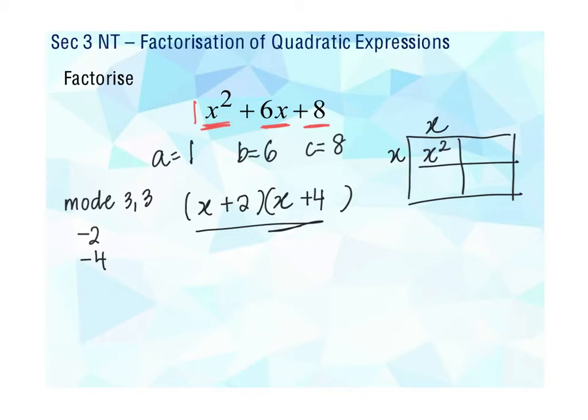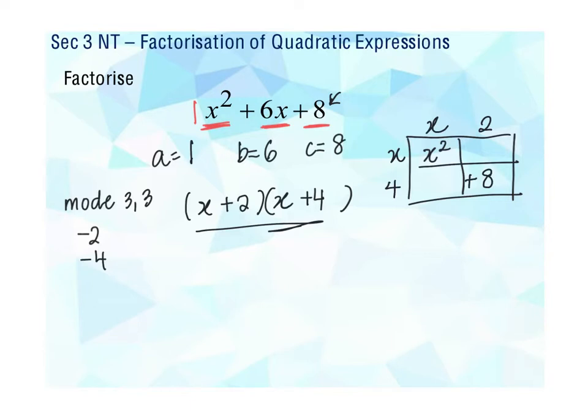And next, we'll need to look at the last term. This is c. Over at this corner, we need to have the number. What number times what number will give me positive 8? And that will be 2 times 4 will give me positive 8.